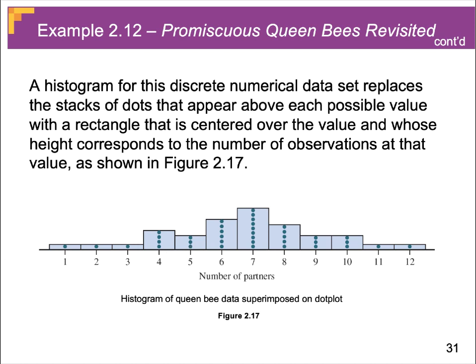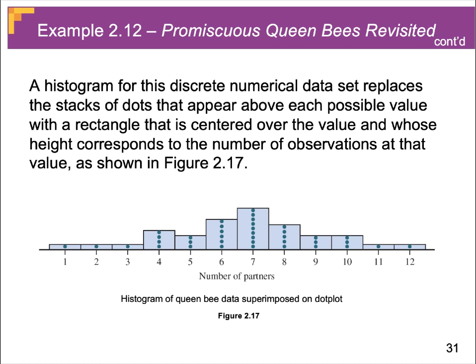So this is not really a great histogram with the 12 groups because it's all spread out. But when we are dealing with histograms, you do notice that we have these bars that are touching, and the heights correspond to the same heights that you would have seen in a dot plot. Now, in a histogram, you will not put the dots there, but this was just a visual to help you see the connections.